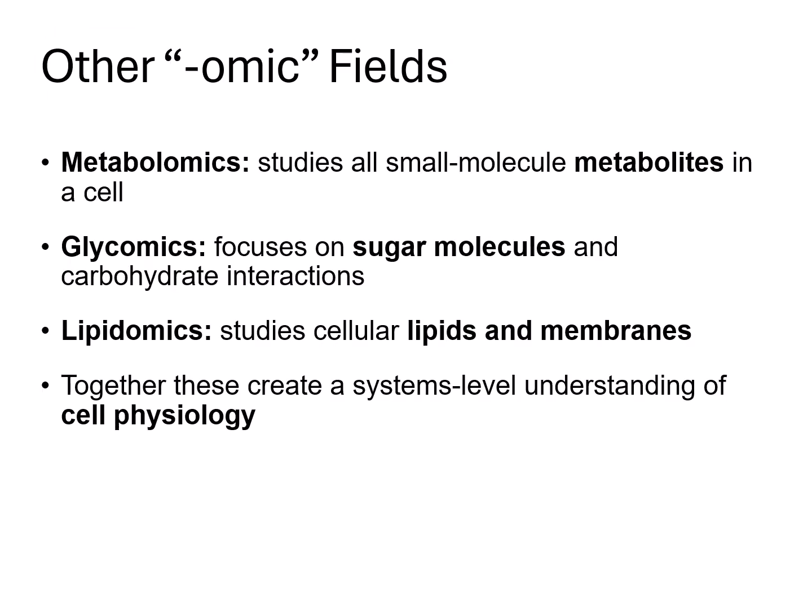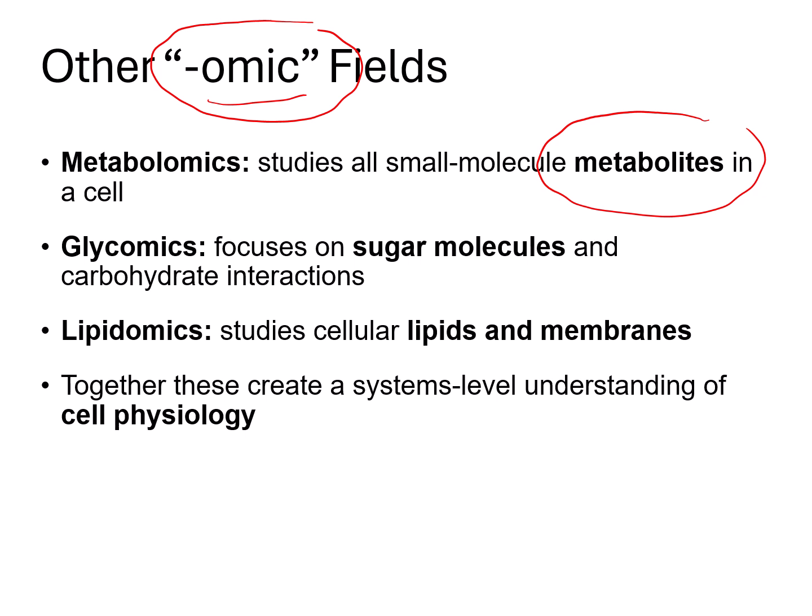You might also hear about other omic fields with this suffix. So metabolomics studies all small molecule metabolites in a cell. Glycomics looks at sugar molecules. And lipidomics studies lipids, like lipids in the cell or lipids in the membrane. So altogether, these omic fields give a complete systems level picture of how cells function and how they respond to changes.